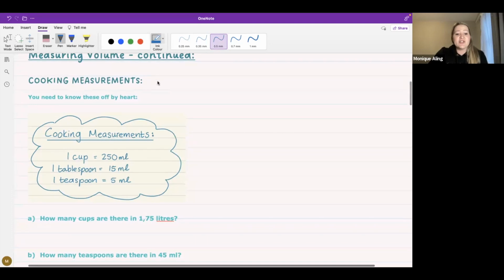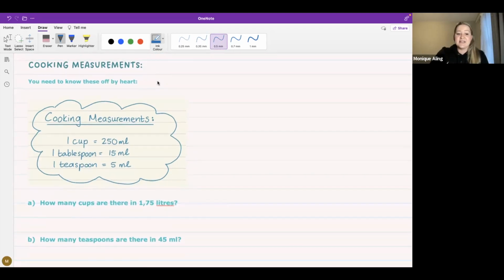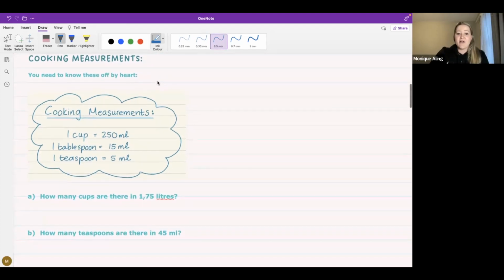Okay, and the cooking measurements you need to know off by heart is how many milliliters in a cup, how many milliliters in a tablespoon, as well as a teaspoon. Okay, so make sure that you know these, because quite often you get recipe type questions and they will ask you how many liters do you need of the rice, for example, and then the recipe will tell you you need 3 cups of rice, and you must know that 1 cup is 250 milliliters.